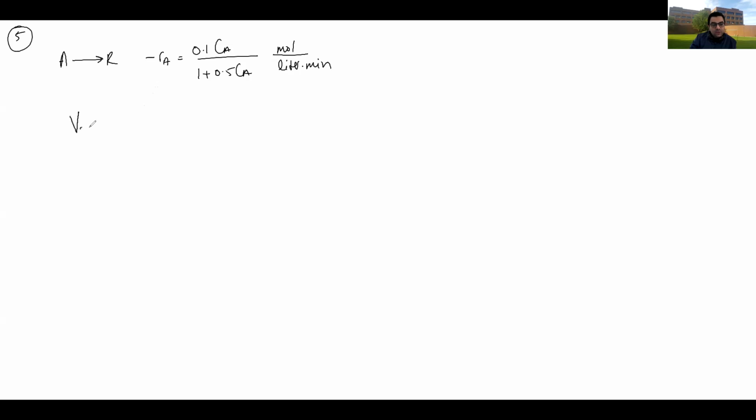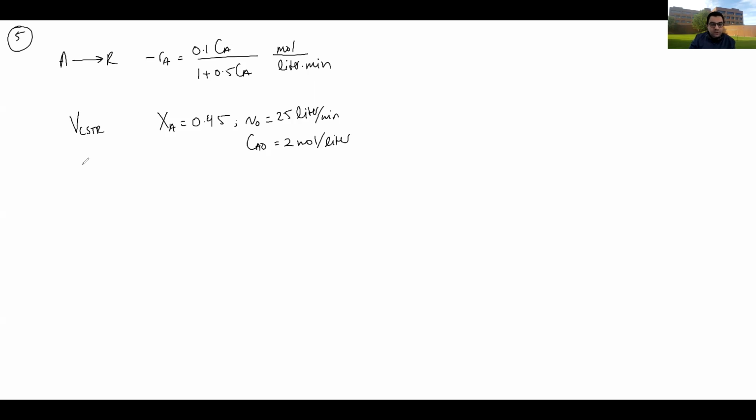So you need to find the volume of a CSTR which achieves the conversion of XA 0.95 in a feed stream, and you're given a feed stream V naught is equal to 25 liter per minute with an initial concentration CA naught is equal to 2 mole per liter, right? So these are all the givens.